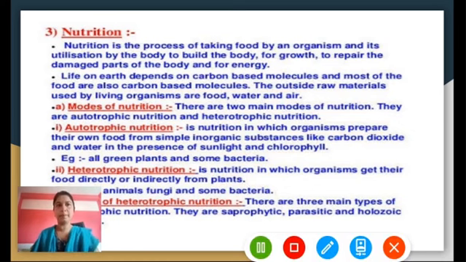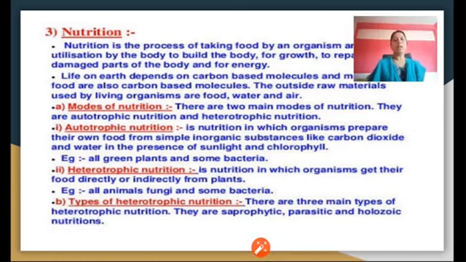Coming to the other mode of nutrition, heterotrophic nutrition, here the term heterotrophic, hetero stands for others and troph again stands for nutrition. So in this mode of nutrition, the organism is not able to prepare its own food using simple inorganic substances and they depend directly or indirectly on plants and other animals to obtain their food.